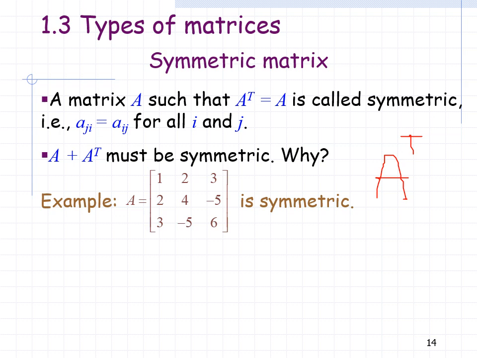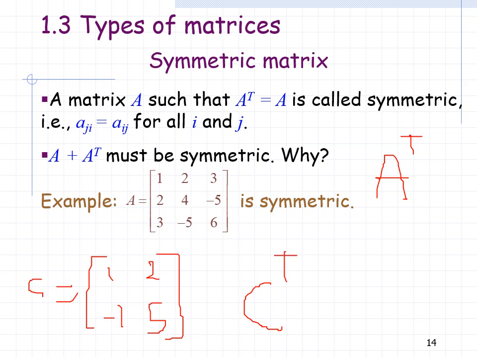So if we have matrix C equal 1, 2, negative 1, 5, and we want to get its transpose, as we said, we will denote it as C^T. We will interchange or change rows to columns.